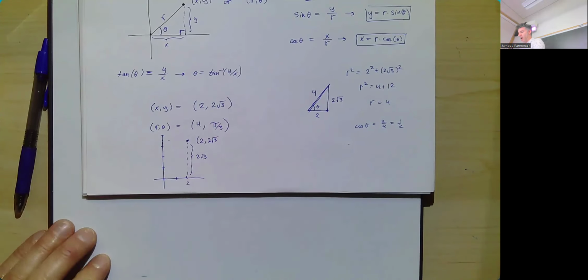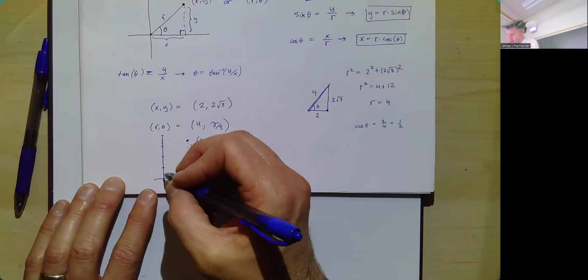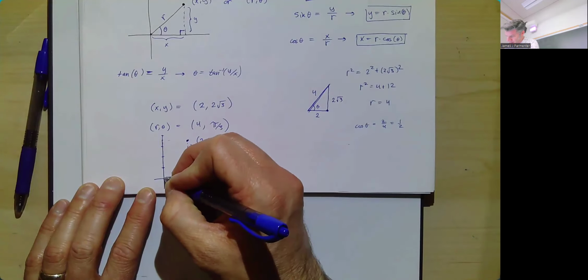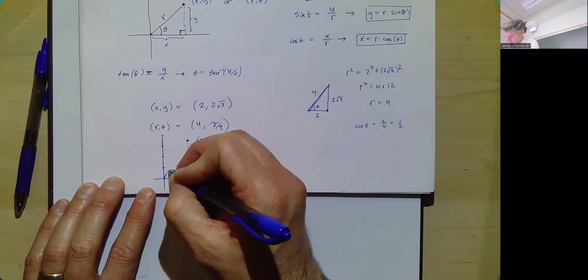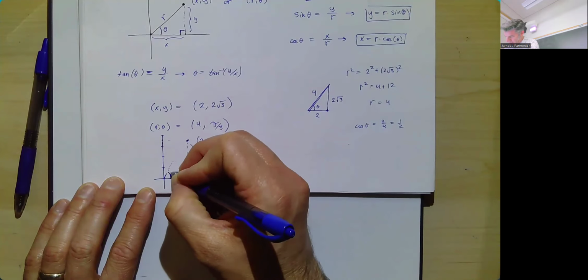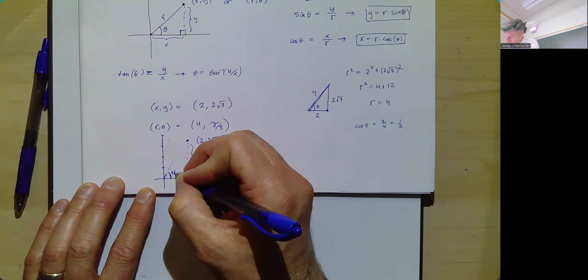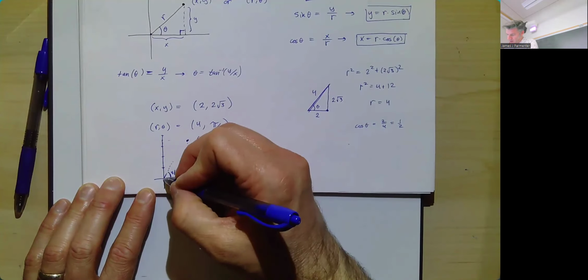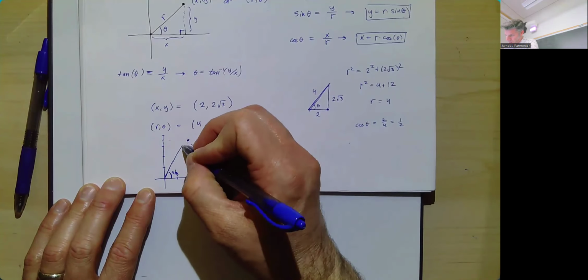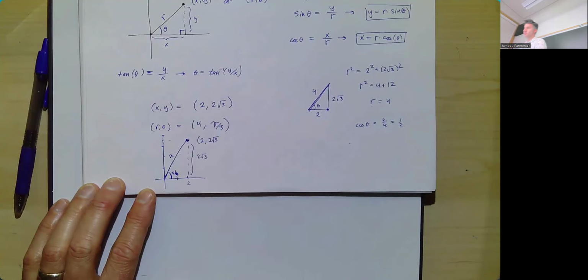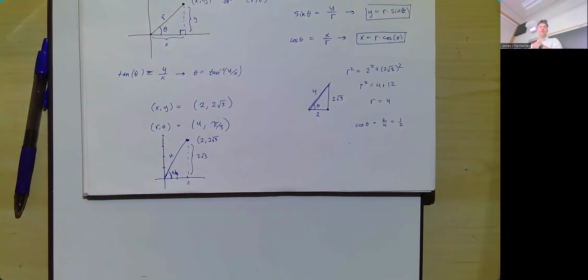Or you can say, I'm going to go at an angle of pi/3. My angle of pi/3 is like 60 degrees, about right there. And then you go in that direction for a length of 4. Both of those things describe the same end point.